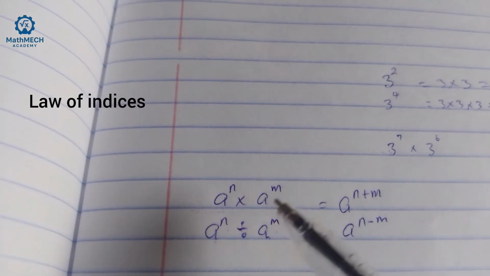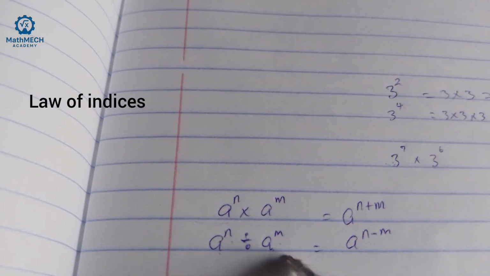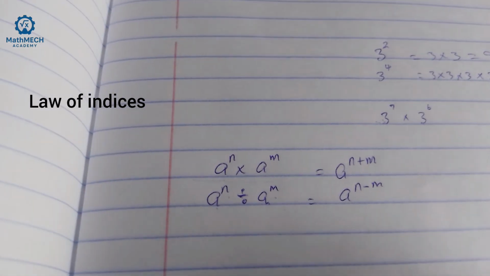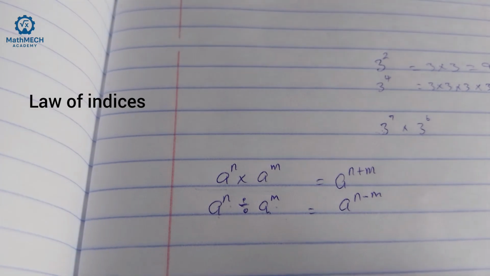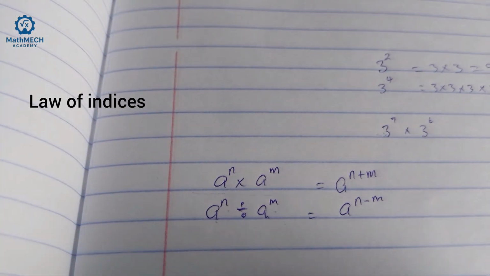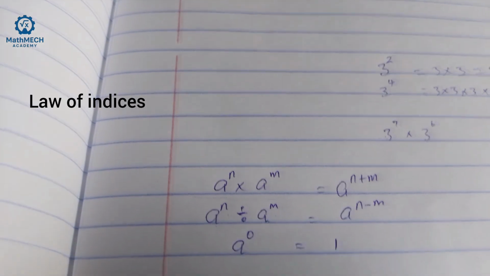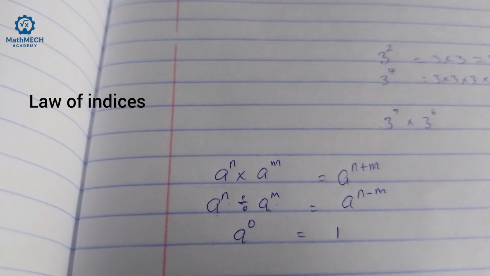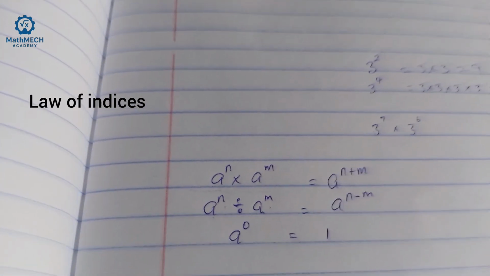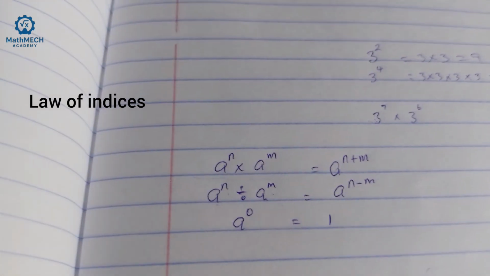But for the first one, you are adding the power. For the second one, you are subtracting the power. Alright. And the third law that you must know is that anything raised to the power of 0 is just 1. Alright. Anything raised to the power of 0 is just 1.